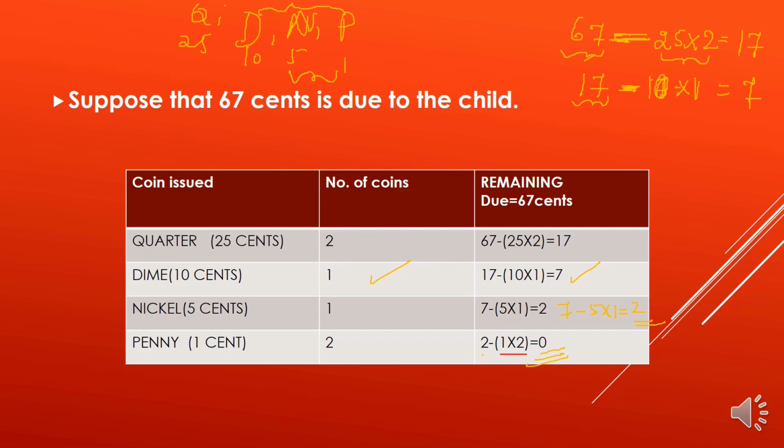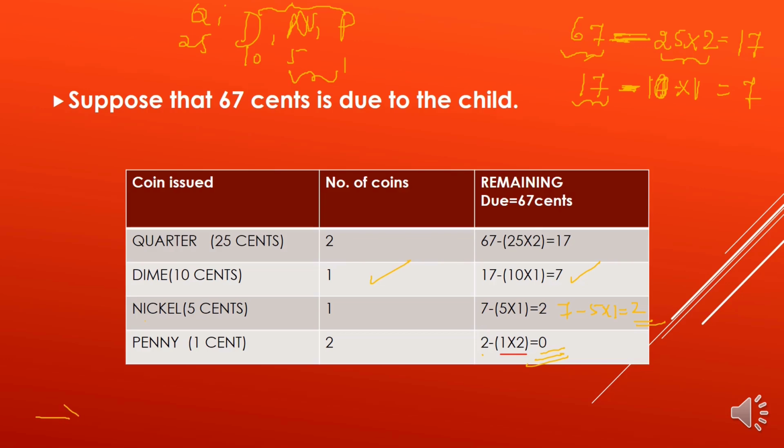So the change would be quarter 2 coins, dime 1 coin, nickel 1 coin and penny 2 coins. I can give it to the child as change.